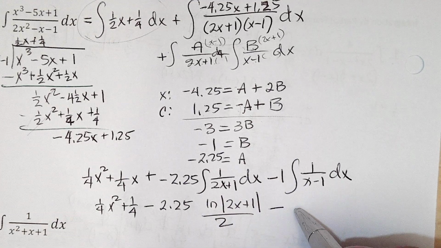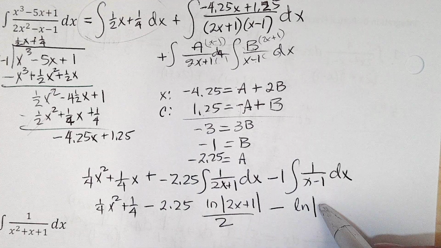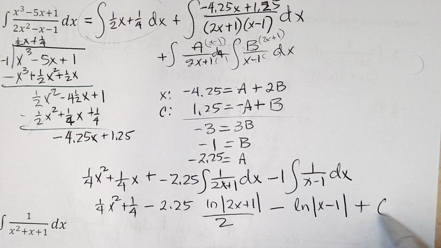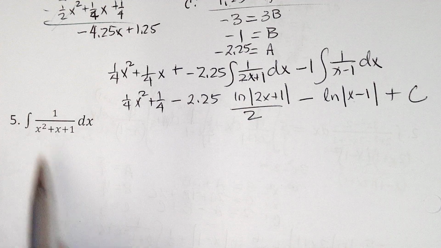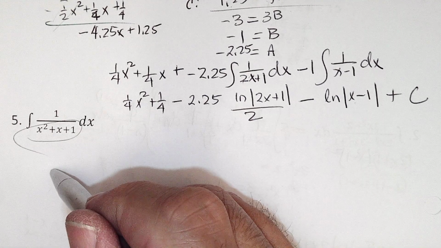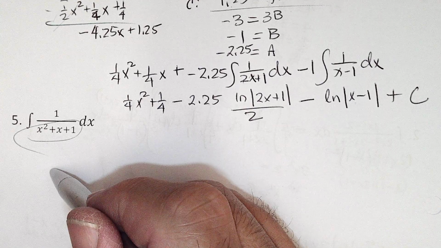Minus ln absolute value x minus 1 plus c. Do u subs for the denominator there and there if you don't see how that works out to be ln's. This doesn't factor, so it is not a candidate for integration by partial fractions.